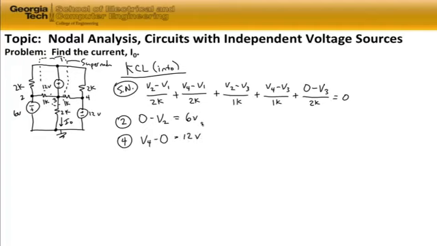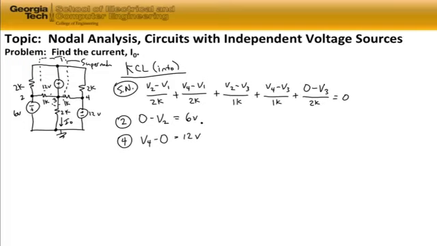So we know V2 and V4 from these two equations. If we look at our supernode equation, we have 4 unknowns. So right now we have 3 equations and 4 unknowns, 2 of which we've found very easily.